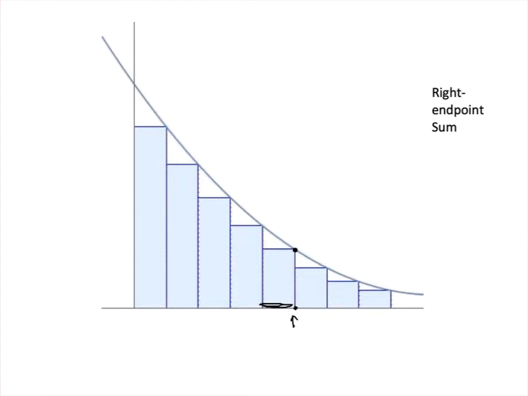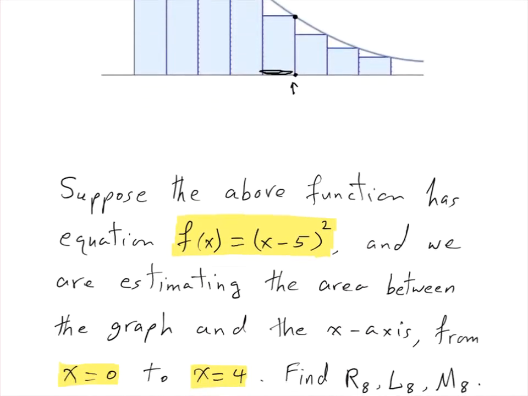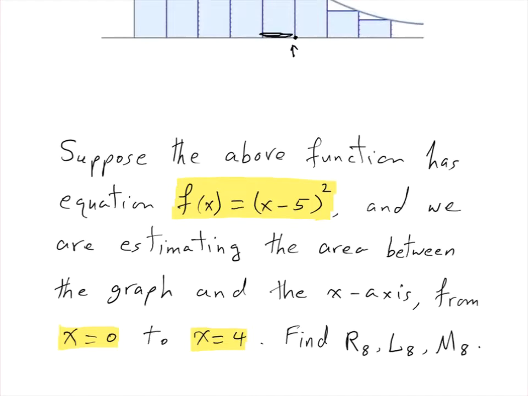So we're doing an example right now. Suppose the above function has this formula: f of x equals x minus 5 quantity squared, and we want to estimate the area between the graph and the x-axis.